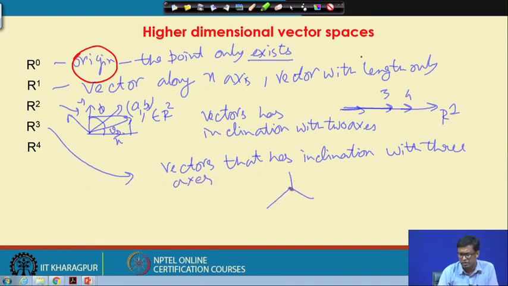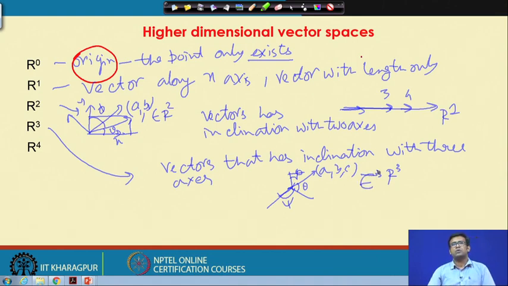So, for example, if I have a vector like this, it has some inclination here, some inclination here, some inclination here, and it has some length along each of the coordinate axes. We can express this as a, b, c, where this is basically a i plus b j plus c k, and therefore anything belonging to R 3 should have 3 components.